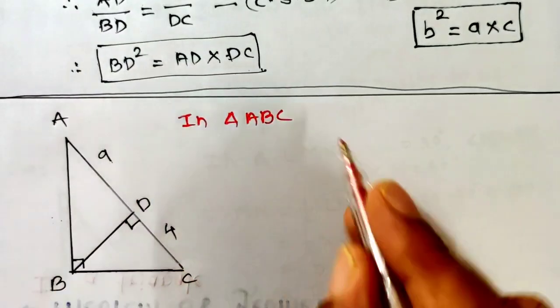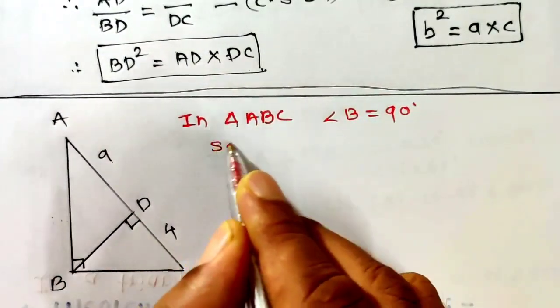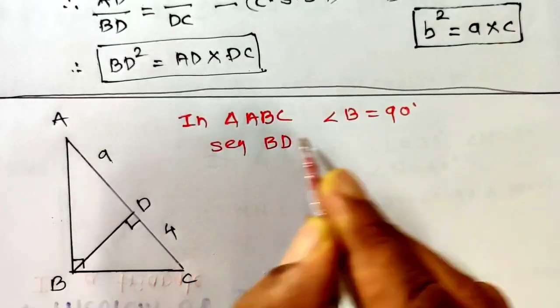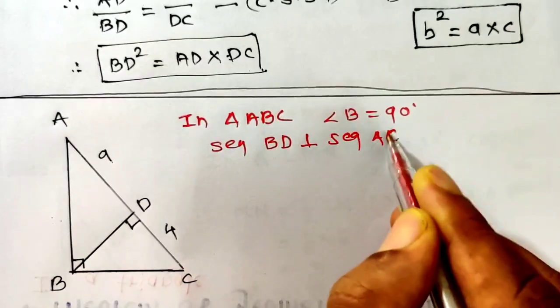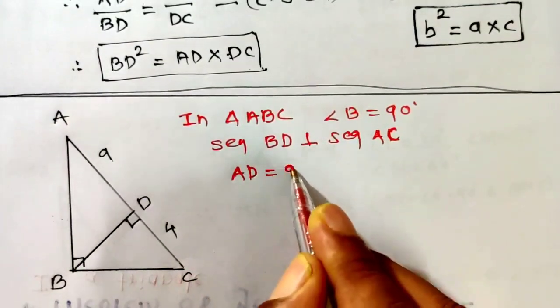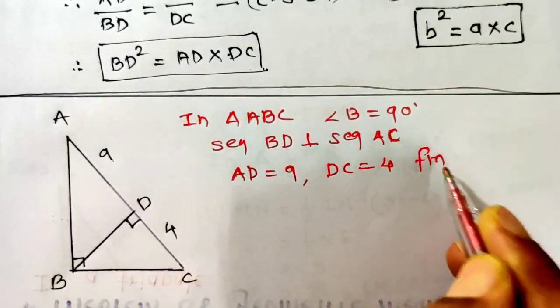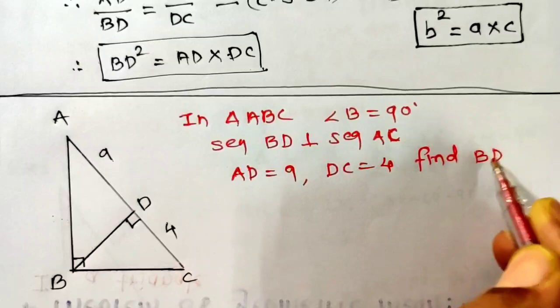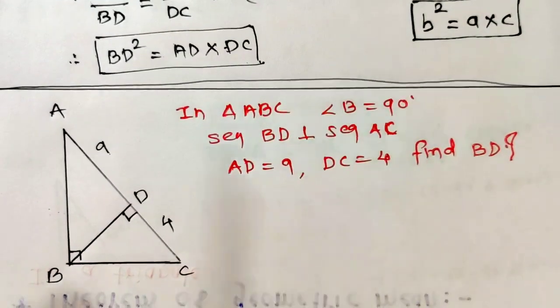Angle B is 90 degrees, segment BD is perpendicular to side AC. Here AD is equal to 9, DC is equal to 4, find BD. So this is the sum, an application of this theorem.